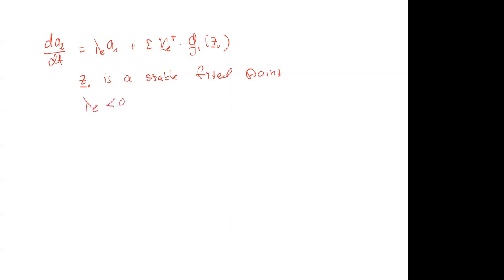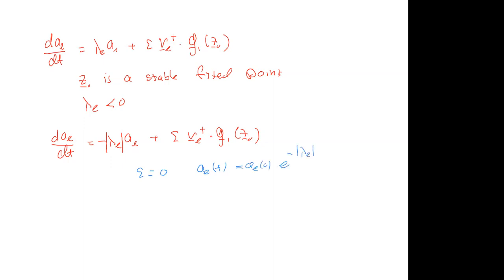So we can write this as dal/dt equals minus absolute value of lambda l times al plus epsilon vl dagger dot G1 of z naught. So if epsilon equals 0, then al of t equals al of 0 e to the minus absolute value of lambda l t. So you get this decaying exponential.